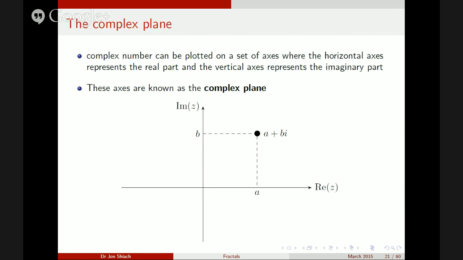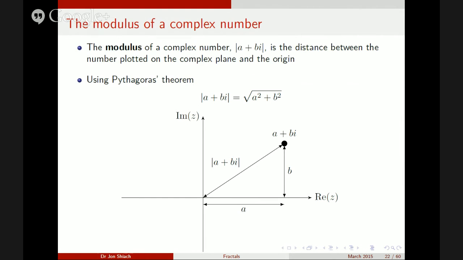And the last bit of the recap: we need to know about the modulus of a complex number. This gives you an idea of the size of a complex number. It's denoted similar to a norm, or a magnitude of a vector, with vertical lines either side of your complex number.